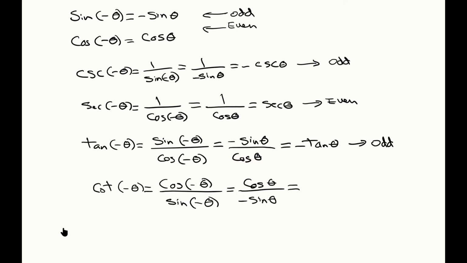So we end up with negative cosine theta over sine theta, which is of course negative cotangent theta. So cotangent of negative theta ended up being negative cotangent theta, making it odd as well. So as you can see, the sine, cosecant, tangent, and cotangent are all odd. The cosine and the secant are the ones that turn out to be even.